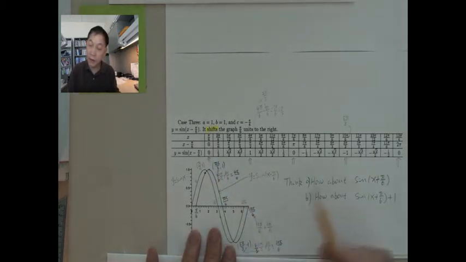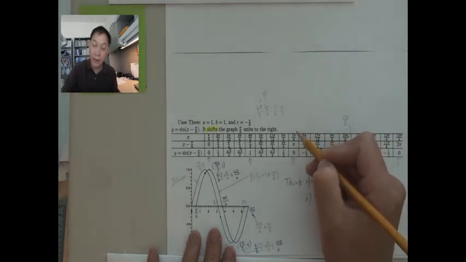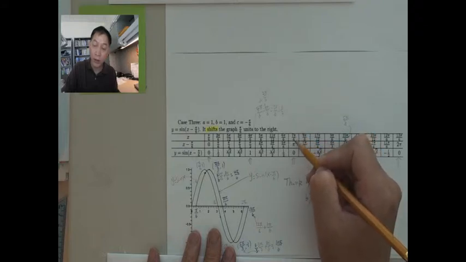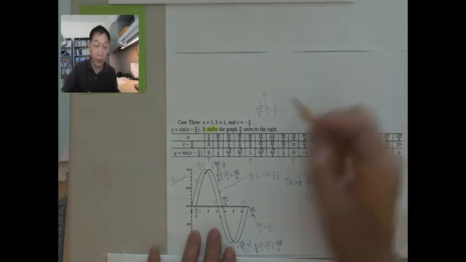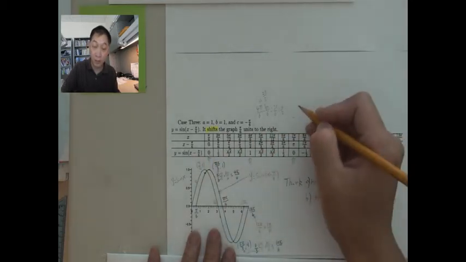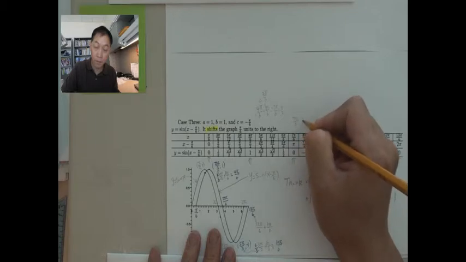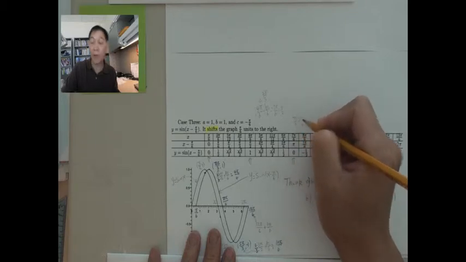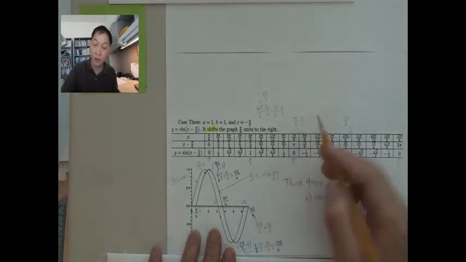So that's the first one, and the second one. Let's test 3 more. If x is 7 pi over 6, and you minus pi over 6, 7 minus 1 is 6.